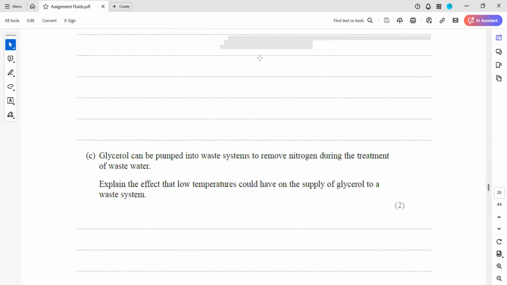Then glycerol can be pumped into a waste system to remove the nitrogen during the treatment of wastewater. Explain the effect that low temperature would have on the supply of glycerol. So if the temperature is low, what about the viscosity? The viscosity will be high. As a result, when it has a high viscosity, it will have a slower rate of flow.